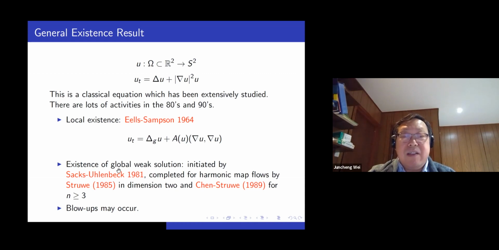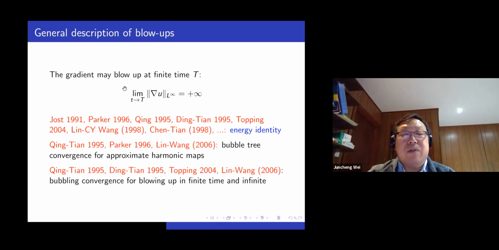Now it does not exclude blow-up. Even for a global weak solution, you may have blow-up. A blow-up for Harmonic Map means that the gradient goes to infinity. There are many results on general descriptions of blow-up by Jost, Parker, Qing, Jiayu Li, Tian, Topping, and so on.